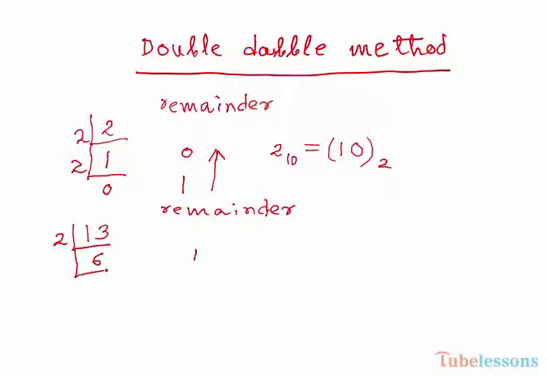Now again divide it by 2. 3 times 2 equals 6 and the remainder is 0. Again divide by 2. 2 times 1 equals 2 and the remainder is 1.